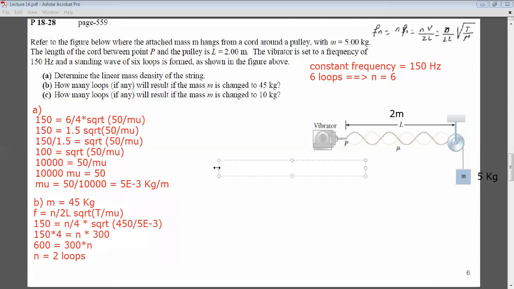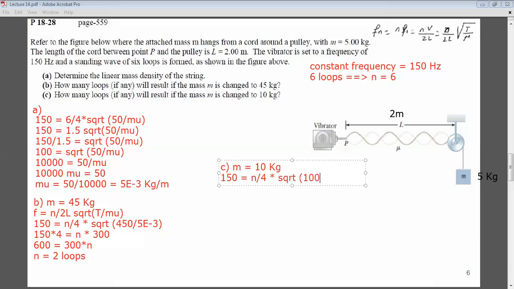And the last part, part C: how many loops, if any, will result if the mass is changed to 10 kilograms? So now we have m equal to 10 kilograms. We will do exactly the same. So we will say 150 equals this new n that I don't know, divided by 4, times the square root of tension.